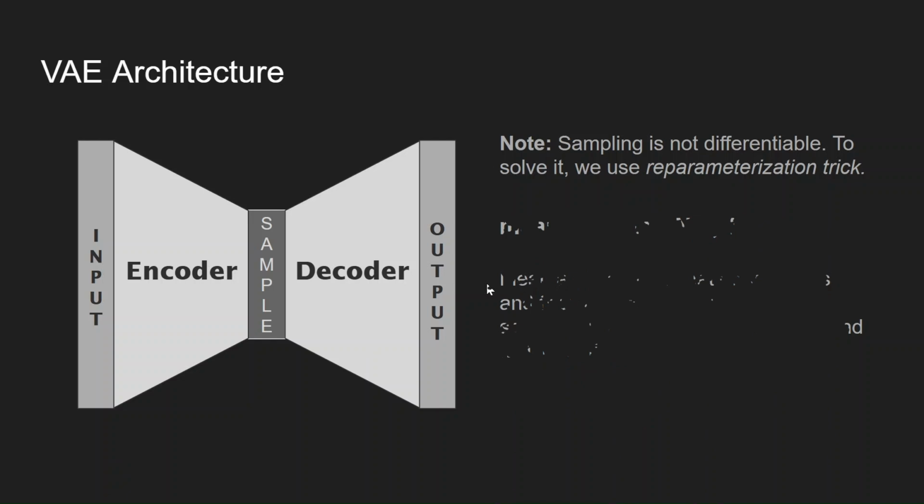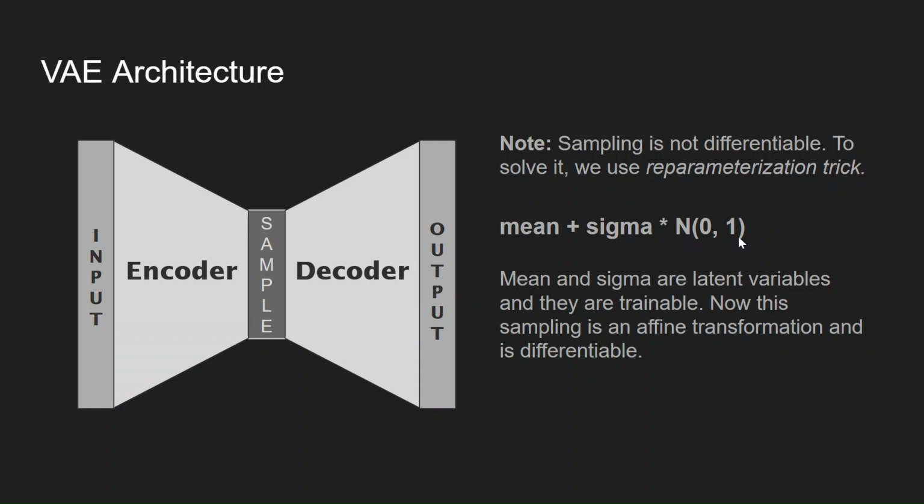To solve this problem that sampling is not differentiable, we use a trick called reparameterization. What reparameterization does: first of all, we sample from a normal distribution. As you can see here, N represents our normal distribution, 0 is the mean and 1 is the standard deviation. Then we multiply that sample with sigma and add our mean.